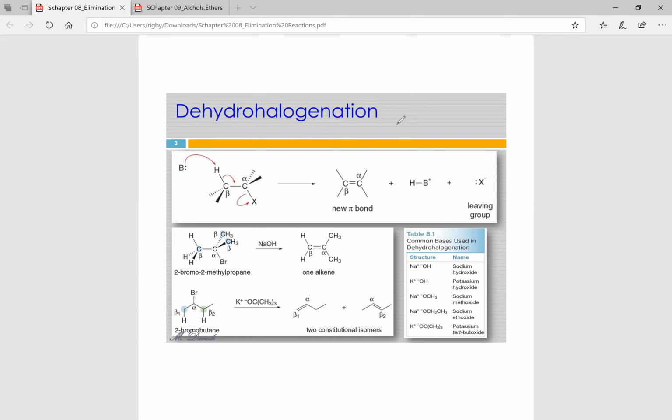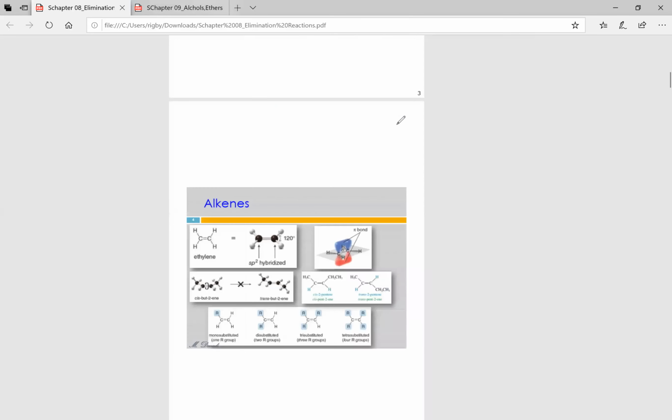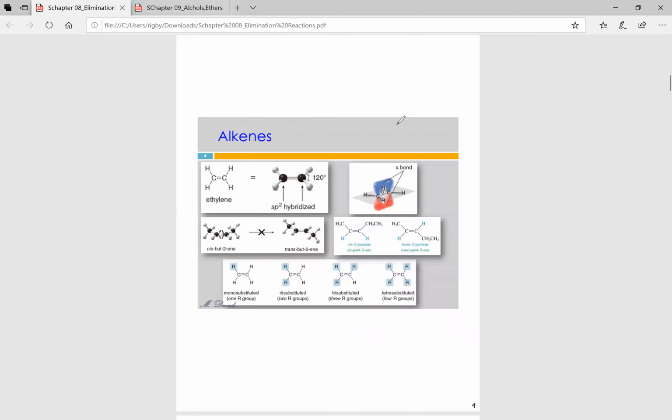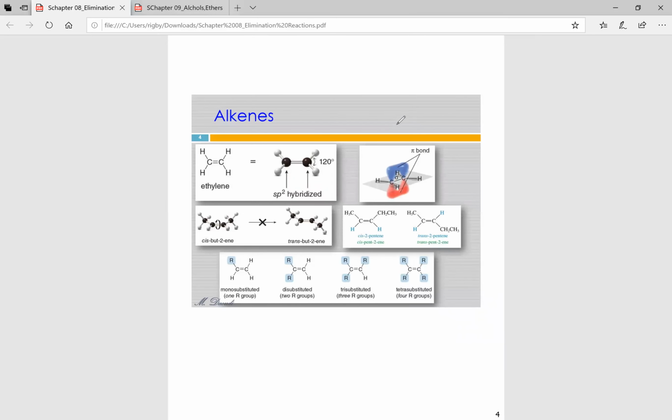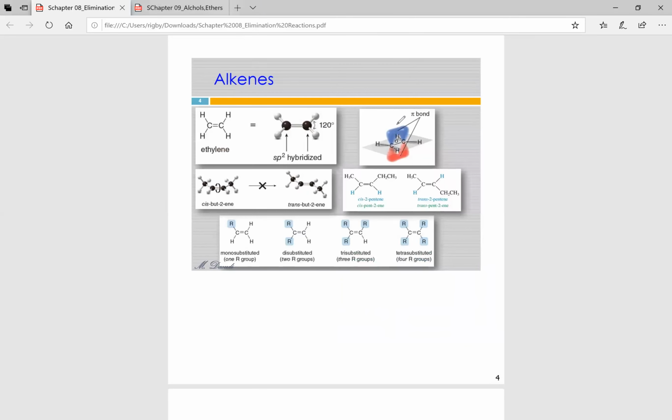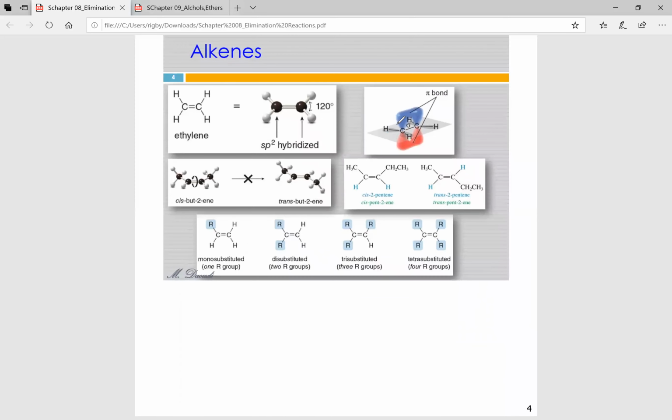Now let's talk about alkenes just a little bit. I know today in class we went over alkenes a little bit. That's Chapter 10, but I'm going to talk about it a little bit here. The stability of an alkene depends on a couple of things. The first is how substituted it is, how many R groups are attached to it.